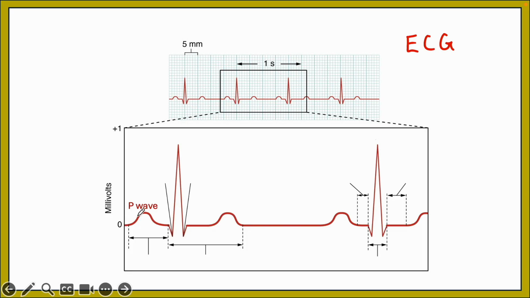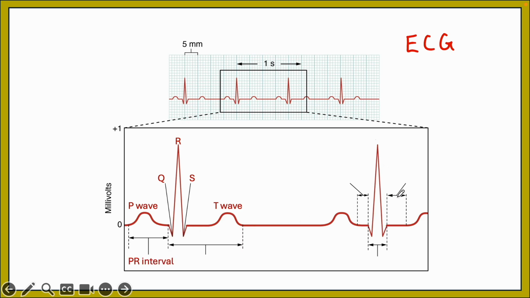It's going to start with the P wave, just a little small bump, followed by a very jagged, sharp contraction that is going to consist of the QRS complex, with the Q and the S being those downward junctions, the R being the top. This then is going to go on to form a T wave before it goes through another cardiac cycle.